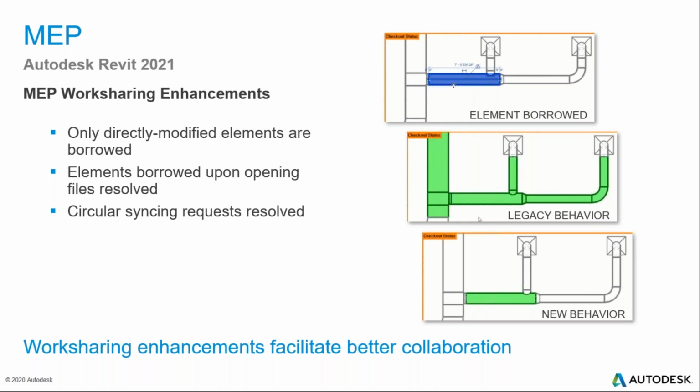Okay, moving to the work sharing enhancements. Using the work sharing display to compare the legacy and new behavior, previously all indirectly modified elements were borrowed. Now it's only the directly modified elements that are borrowed.